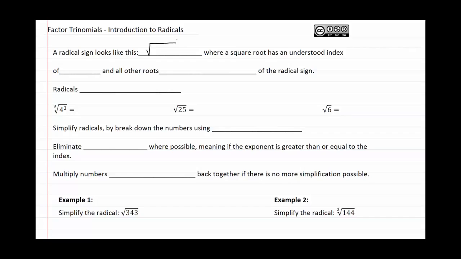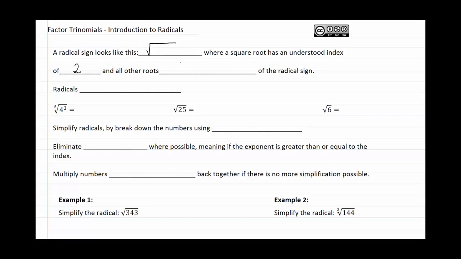where a square root has an understood index of 2 that we don't write in the radical. If we were to write it there, it would look like that. But if it's a square root, we don't write it there.